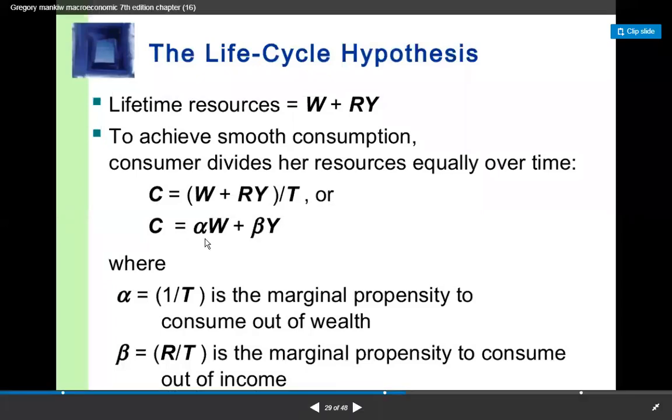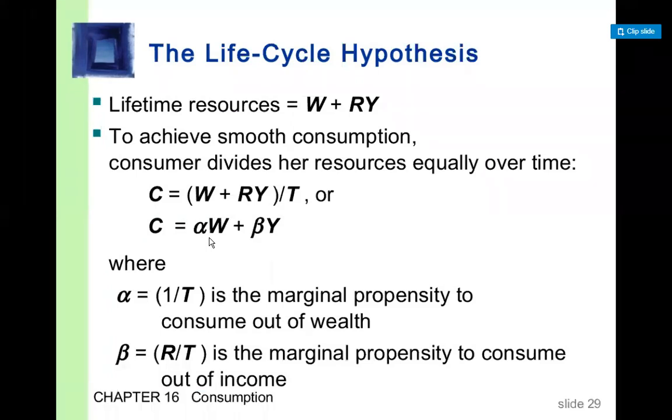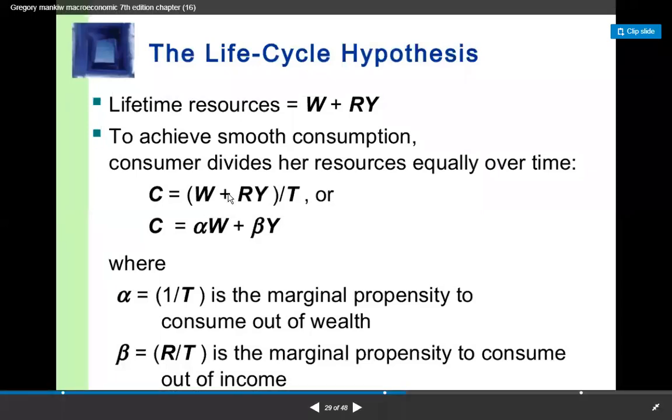Now what is alpha? It is the marginal propensity to consume out of wealth. Beta is the marginal propensity to consume out of income. Getting the point? So that is the second way of explaining this model.